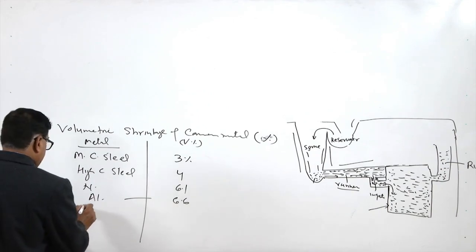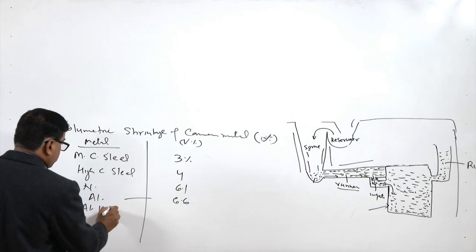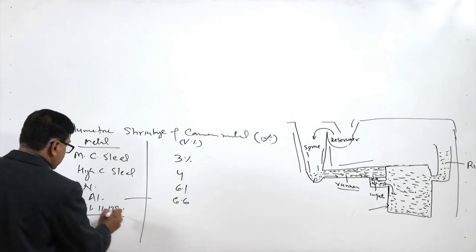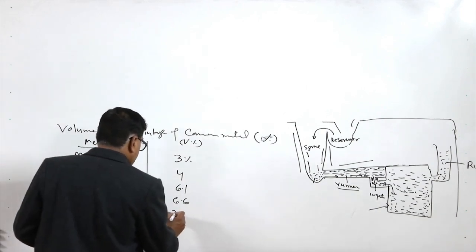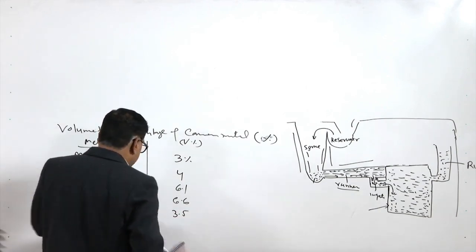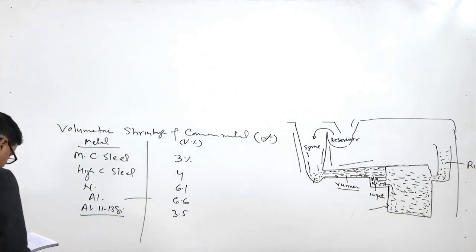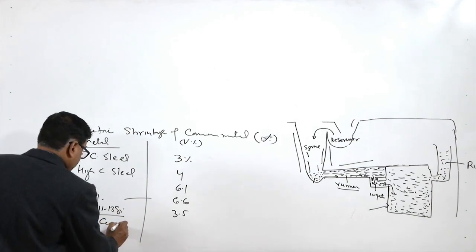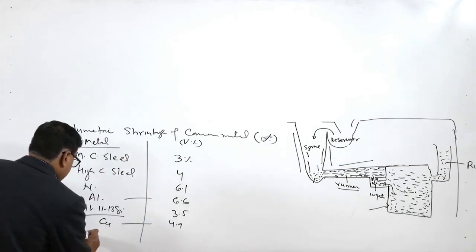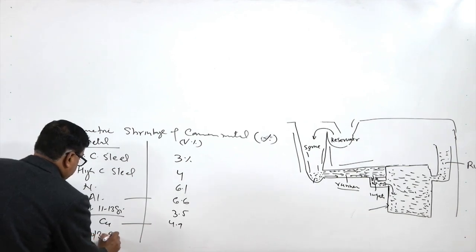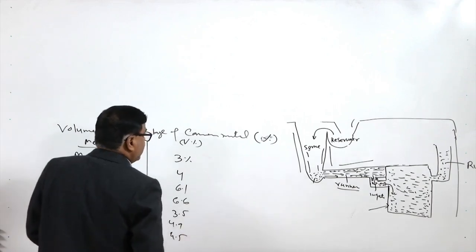This is pure aluminum, and this is aluminum with 11 to 13% silicon. This is the aluminum eutectic silicon alloy, for which the volumetric shrinkage is very low, that is why it is a very favorable casting alloy of aluminum. Then for copper it is 4.9, then for 70-30 brass it is 4.5.